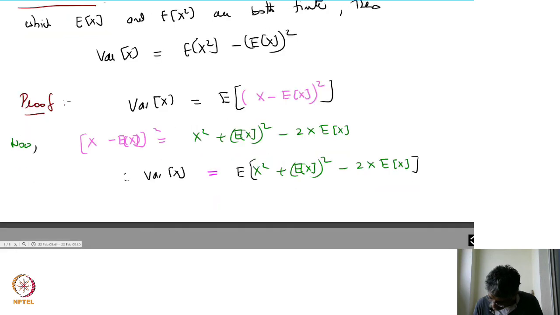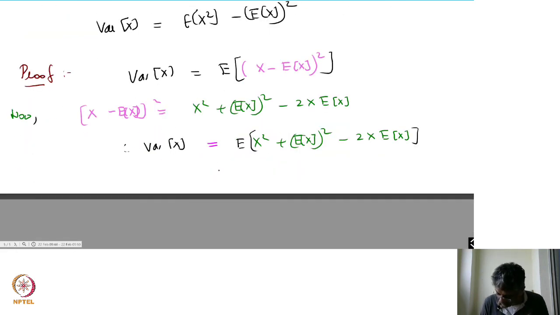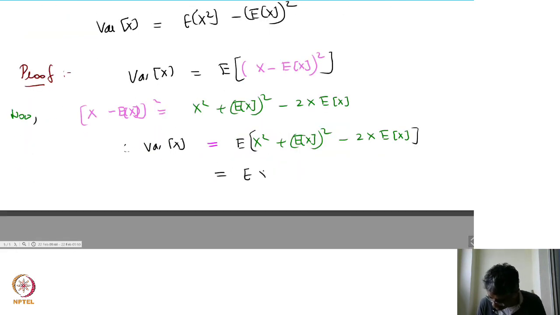Now if you notice, E is linear. The first thing I get is E of x squared. That's easy. E of x the whole squared is a constant. That means the expectation of a constant is just the same thing. That's E of x the whole squared. Minus 2 comes out and I have E of x times E of x.